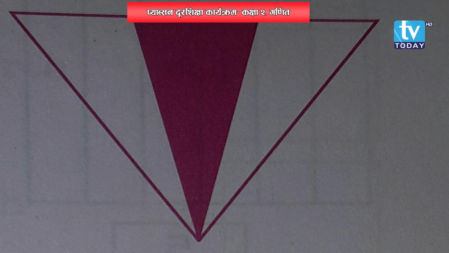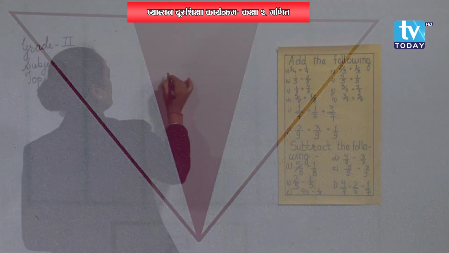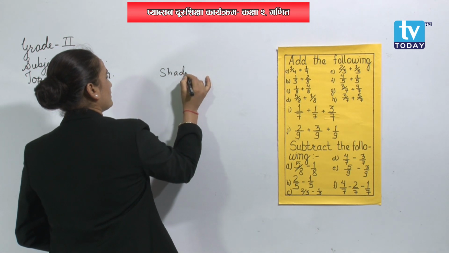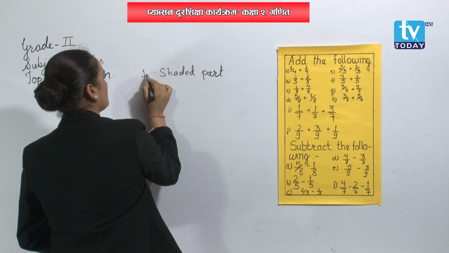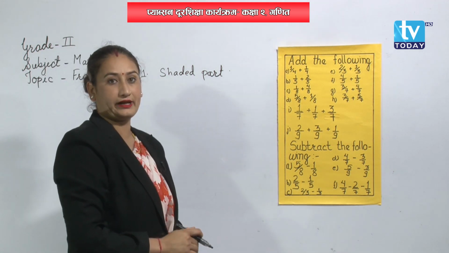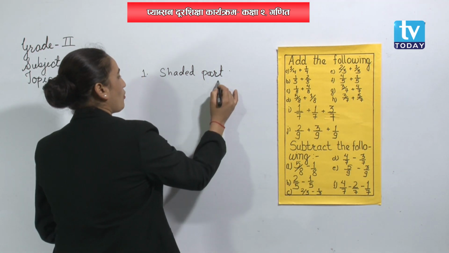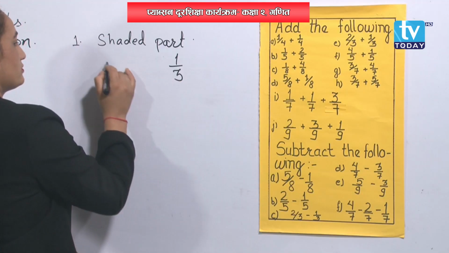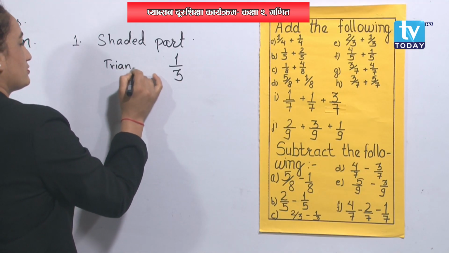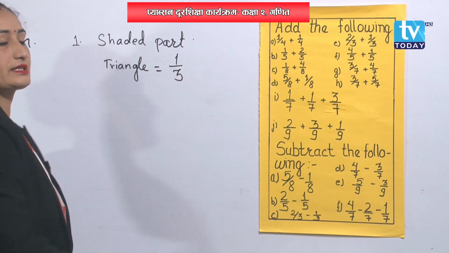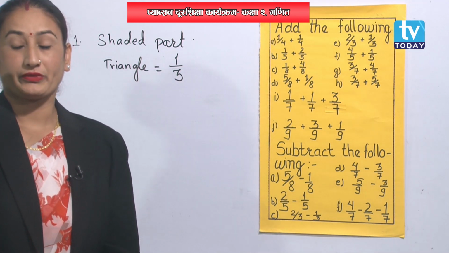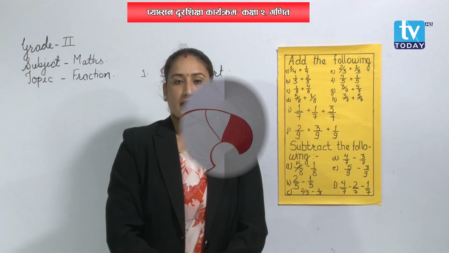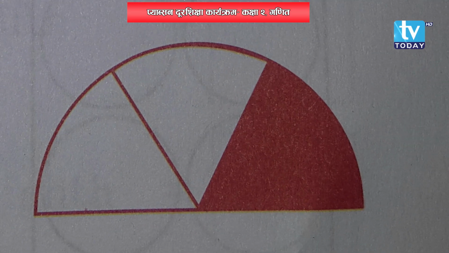So how to write the shaded part fraction? The shaded part of this picture is 1/3. Now students, have a look at the second picture.